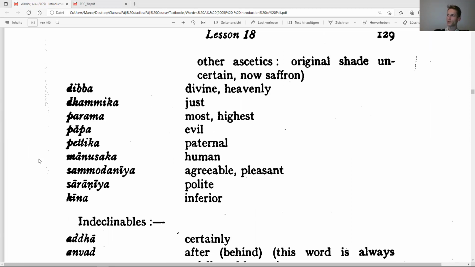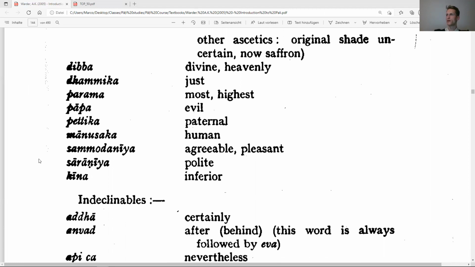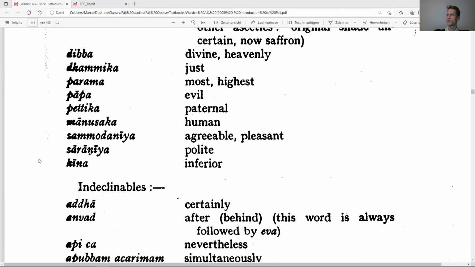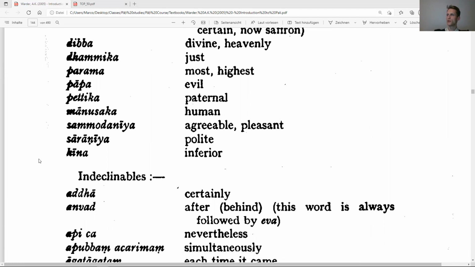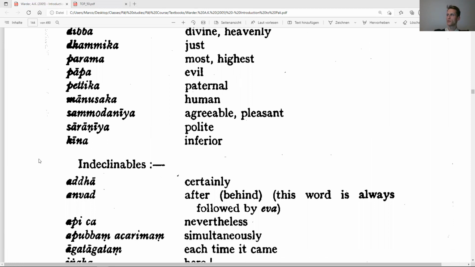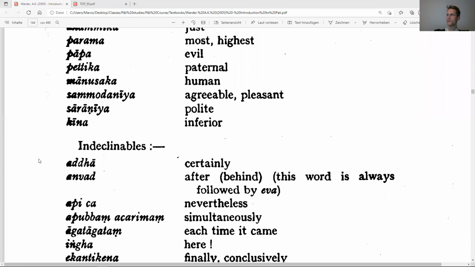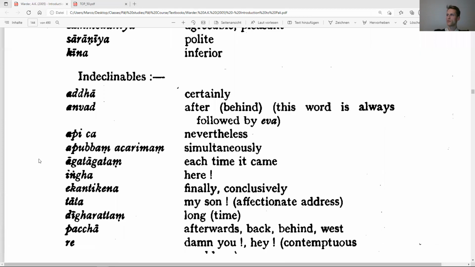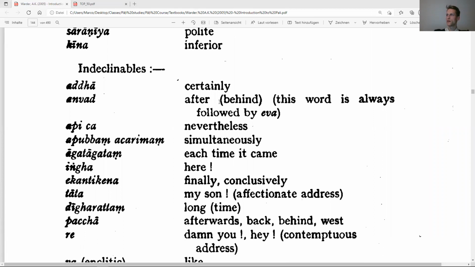Dibba, divine, heavenly. Dhammika, just. Parama, most high. Papa, evil. Pettika, paternal. Manussaka, human. Sammodaniya, agreeable, pleasant. Saraniya, polite. Hina, inferior. And a few indeclinables. Addha, certainly. Anvad, after being.